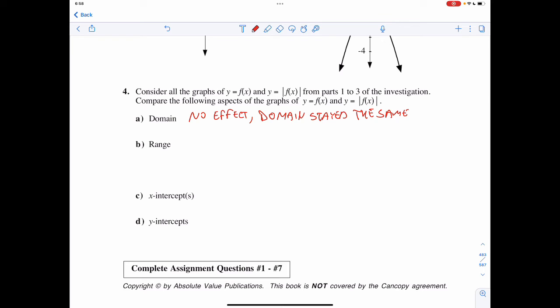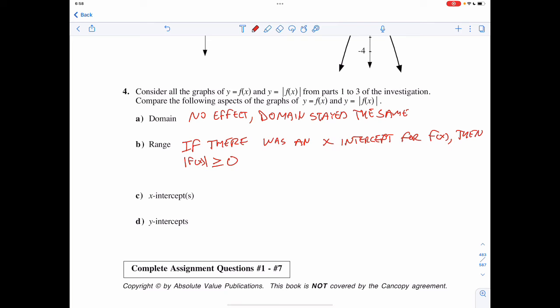Now, what did it do to the range? If there was an x-intercept for f of x, then absolute value of f of x had to be greater than or equal to 0.